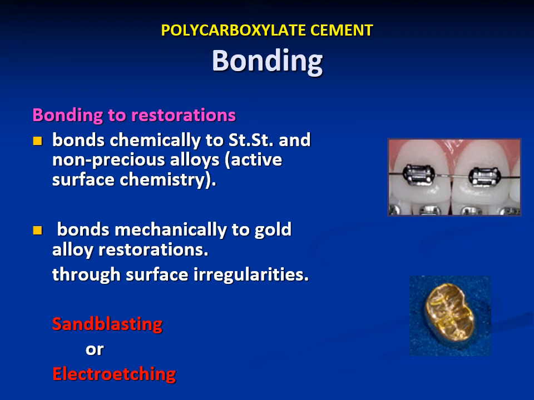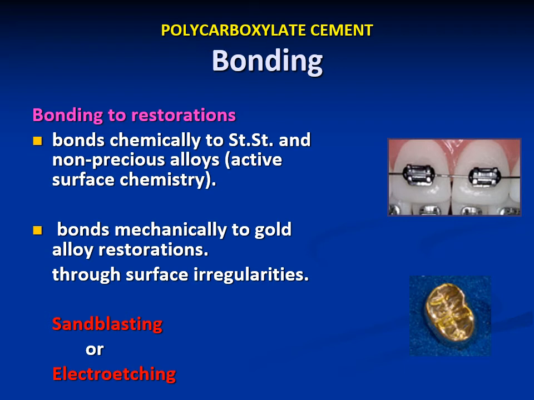But when we have a gold crown like this, it cannot bond chemically to the gold. Why? Because the gold is inactive in its surface. So it bonds mechanically to the gold and its alloy.